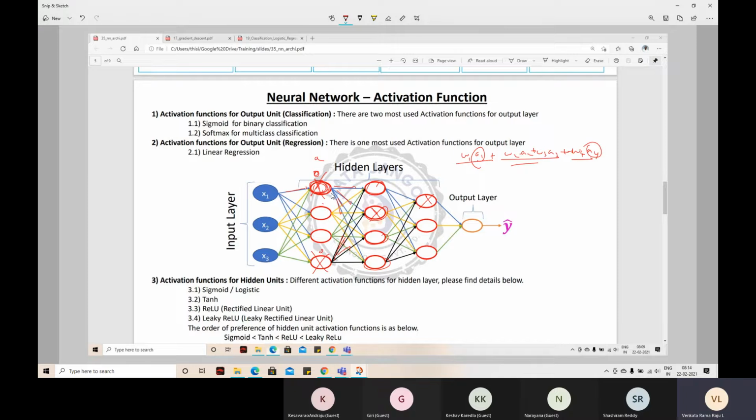That means even though you have 8 plus 3, 11 nodes, because of the outcome becoming 0, 4 will go off and it will be like 7 nodes only, a 7 node network. In ReLU, sigmoid and tanh, the loss of nodes is going to be more when compared to ReLU.